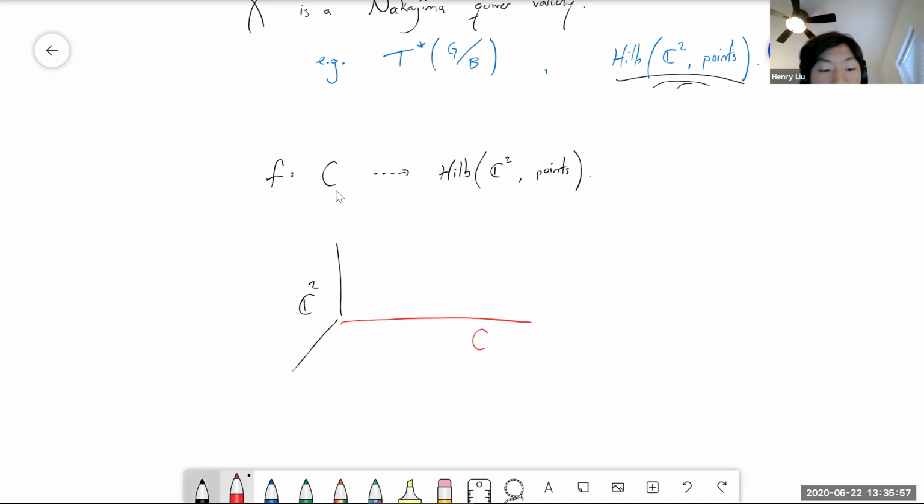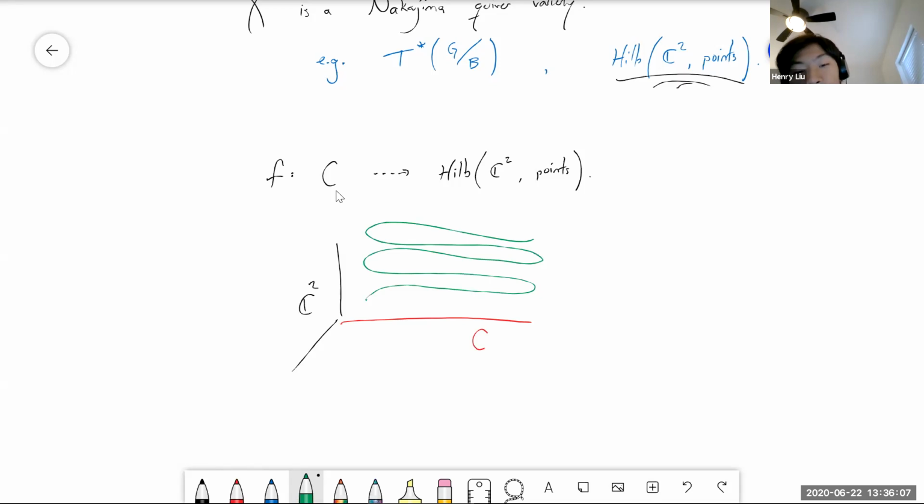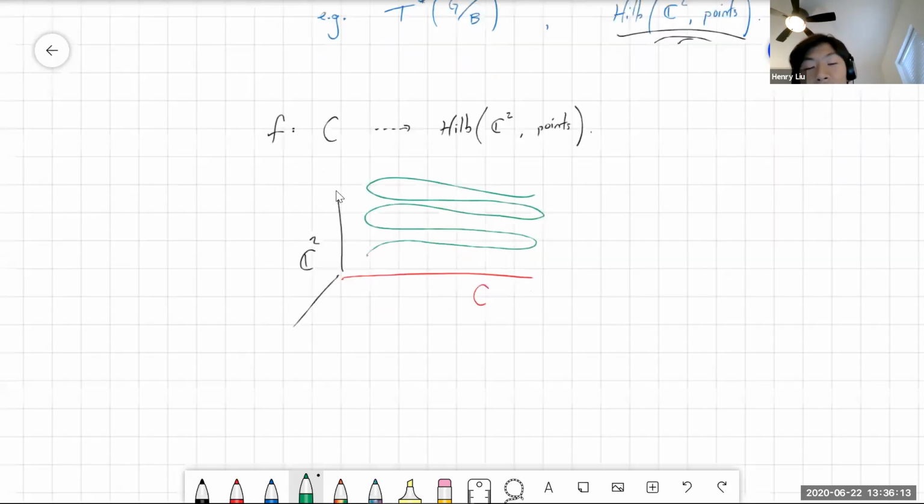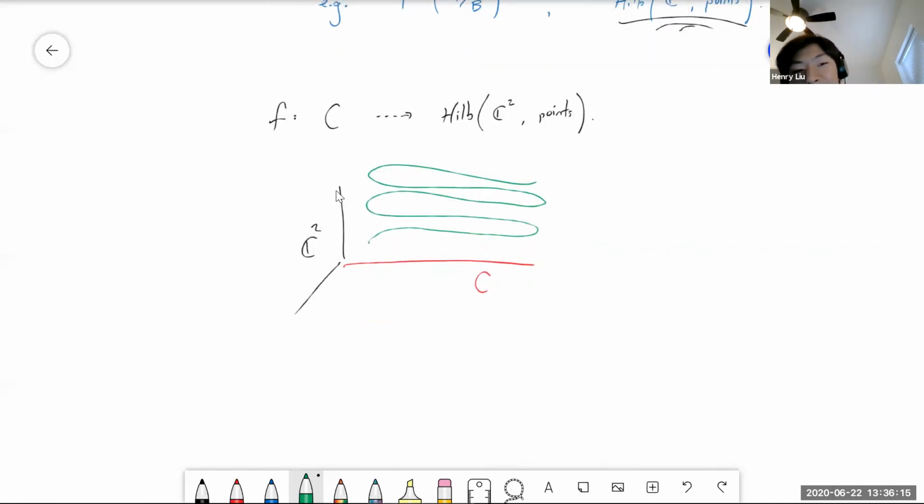Then you'll essentially end up with some kind of subscheme inside C times C2. Roughly speaking, it might look something like this. It's not exactly accurate, but let me leave it like that.